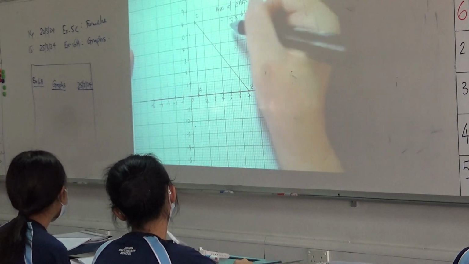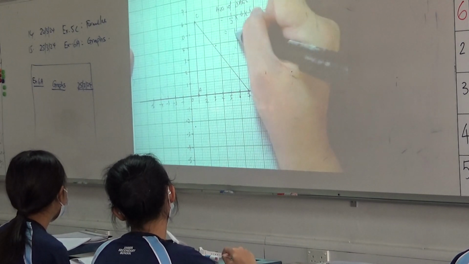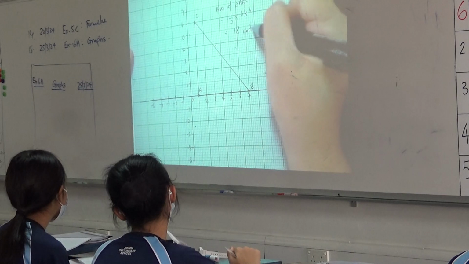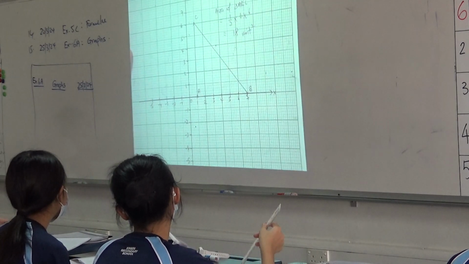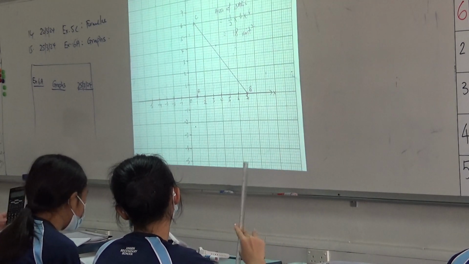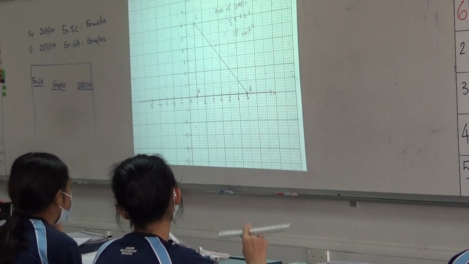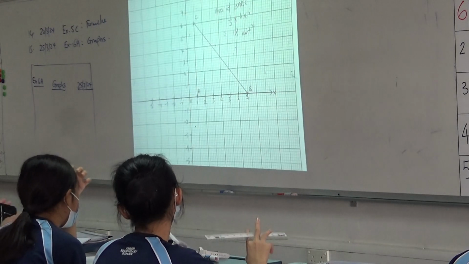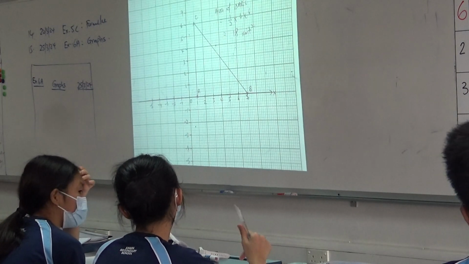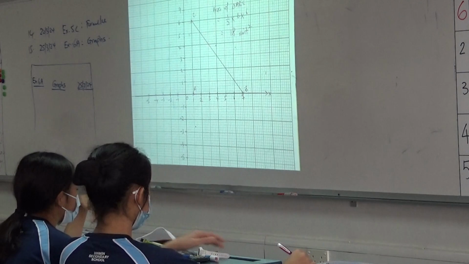So which will be what? You must put unit square, not cm square, because sometimes it can be 5, 10, 15, 20. So you cannot put cm square, you must put unit square. Do you understand? Okay, 5 minutes to complete this.